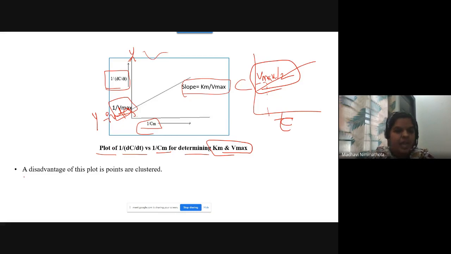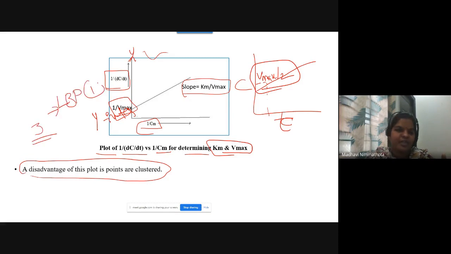It is easy. And one more important thing, I already told you, you have three different methods, right? This linear Burke plot is the first method, but this method has some disadvantages. What is the disadvantage? Here, the plot points are clustered. Only one disadvantage they mention.